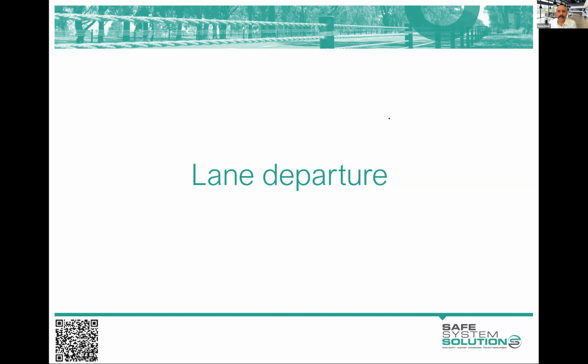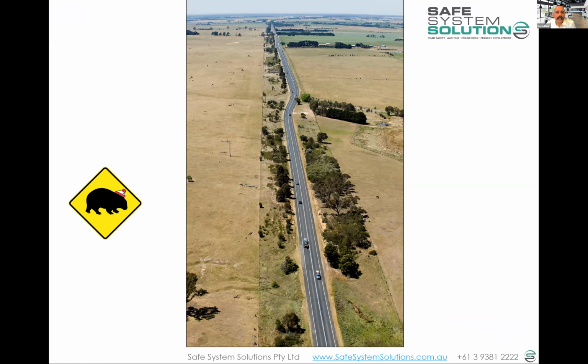Lane departure. We had a good chat there about intersections and the principles for intersections. Here we've got a long, straight road, with many hundreds of thousands of kilometres of this sort of road out there in regional New South Wales and other areas.